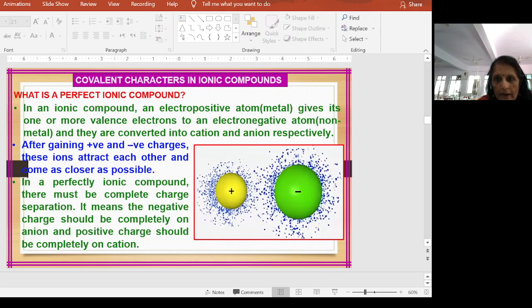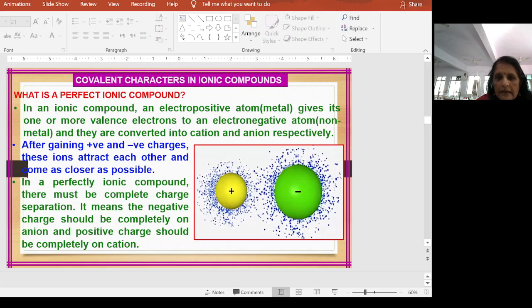Now, like that, ionic compounds have covalent character. How? Basically, what is a perfect ionic compound? An ionic compound is formed by an electrostatic force of attraction because of the transfer of electrons from one atom to another atom. And therefore, they gain positive and negative charges.